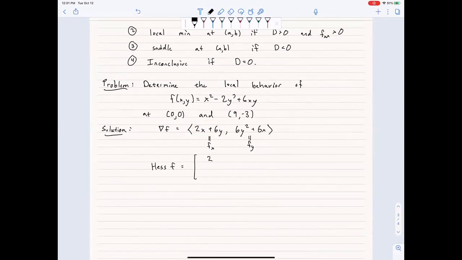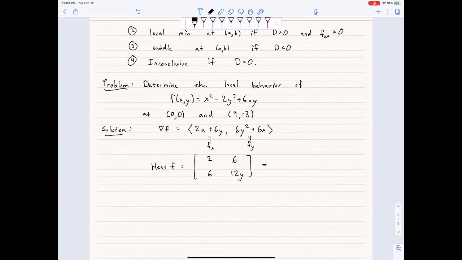To find the mixed partial, I'll get 6, because this is the y derivative of f sub x. But these things commute, so I'll get 6 here as well. And then the last thing I need to do is calculate the y derivative of this, so this is going to be 12y.